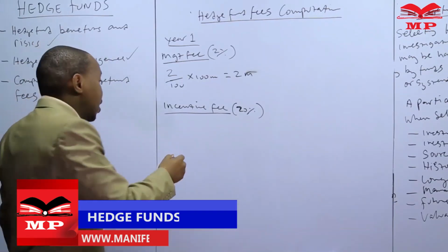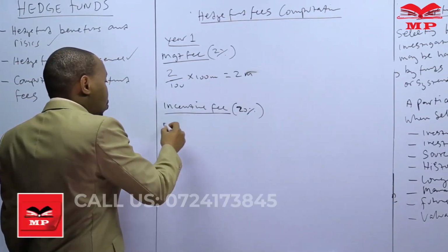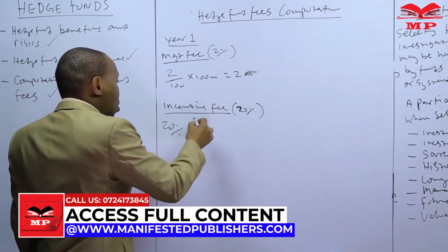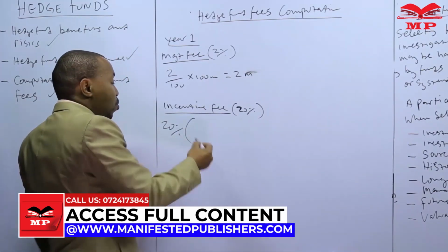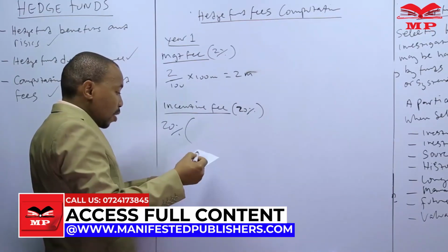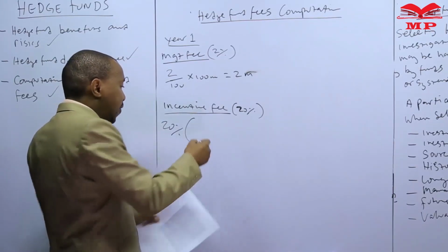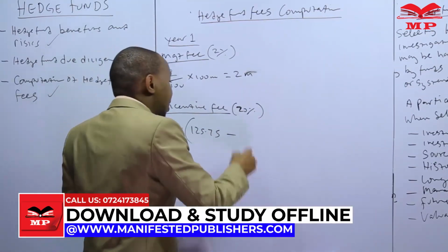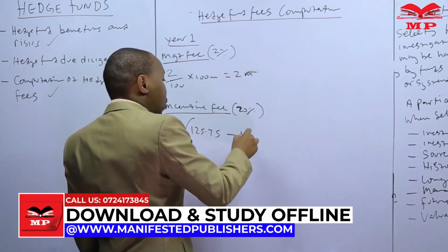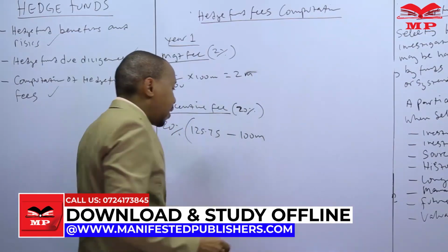So it's 20% multiplied by the ending value, which you've been given in the question for year 1, 125.75, minus the beginning value of 100 million.